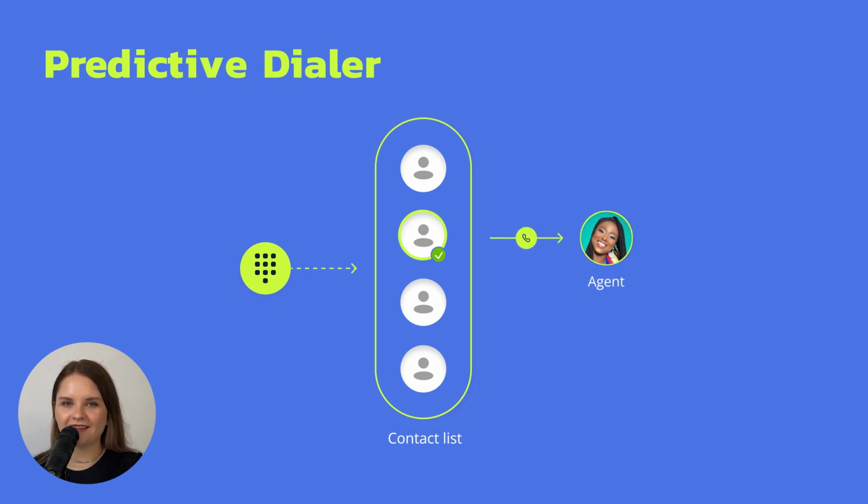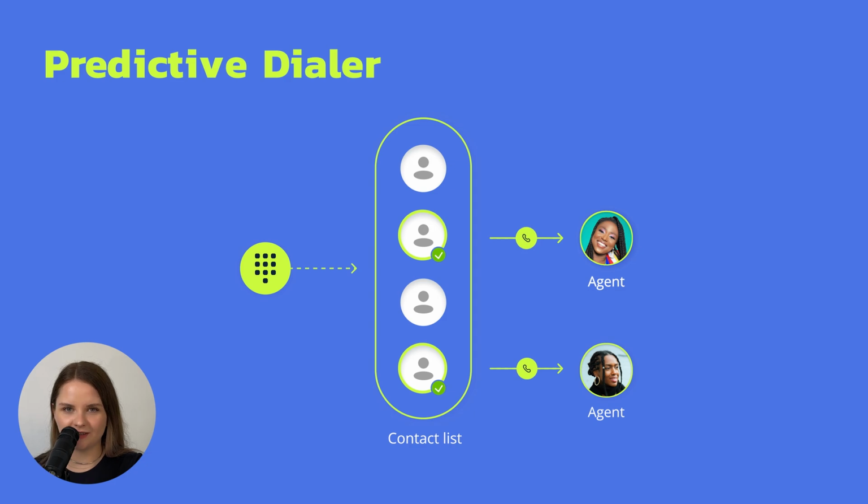The predictive dialer algorithm constantly analyzes campaign metrics, such as contact list engagement and the number of abandoned calls, so the frequency and the number of contacts that the system is trying to reach can be adjusted to avoid contacts hanging up before an agent is even able to pick up the call.